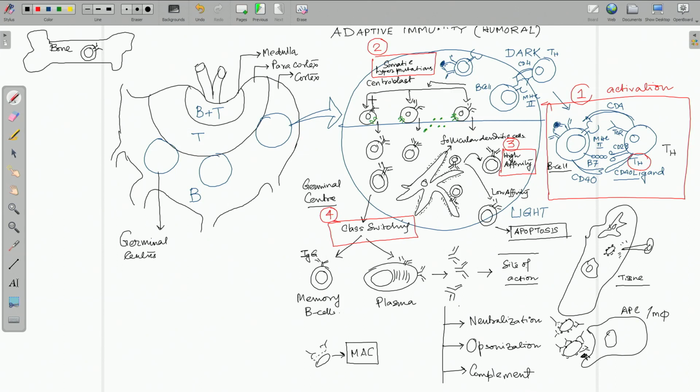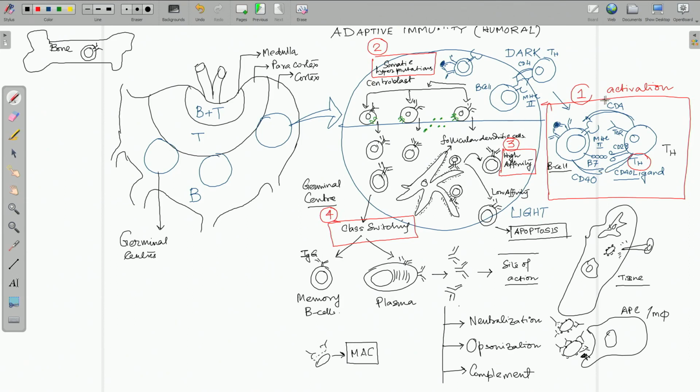The B cells primarily interact with the T helper cells, the Th cells. We discussed how the Th cells are produced, or the activation of the T cells, in our last lecture. Now these T helper cells, by virtue of these interactions and some co-stimulatory interactions, lead to activation of the B cell.